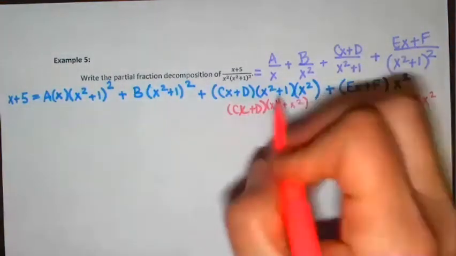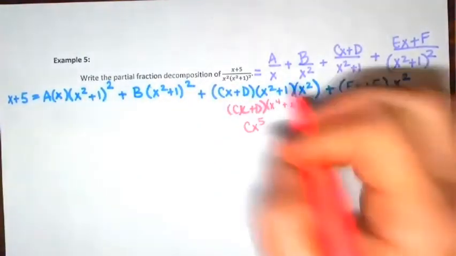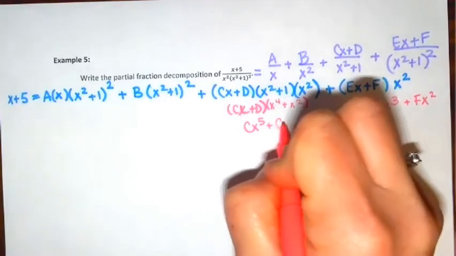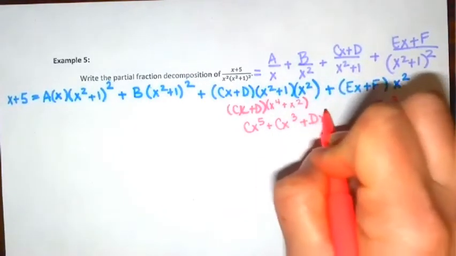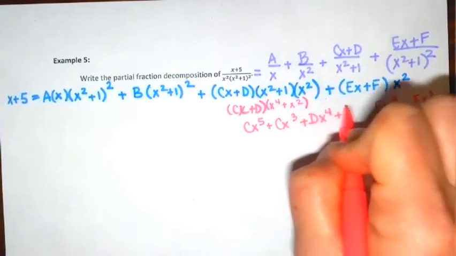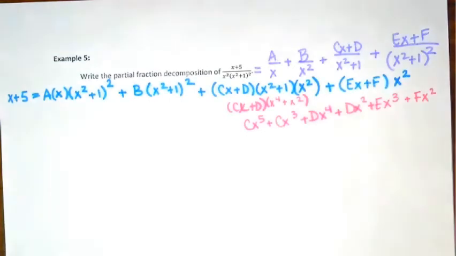So we're going to have Cx to the 5th plus Cx cubed plus Dx to the 4th plus Dx squared. You guys okay with that? Okay. That seems like a lot though. All right, let's keep going.